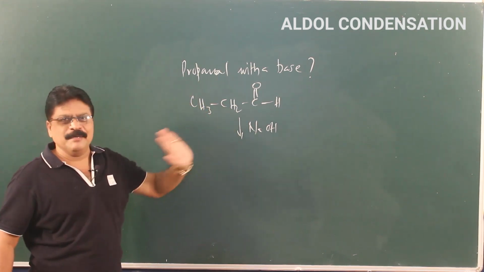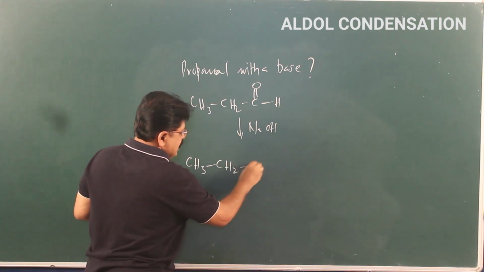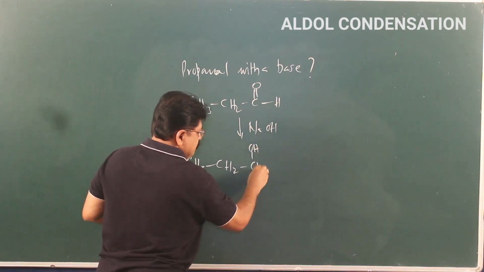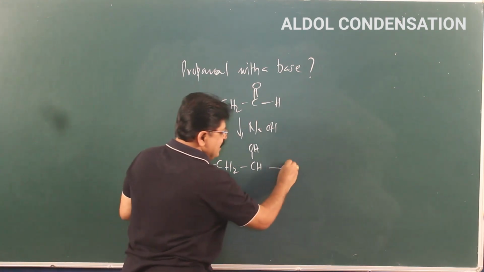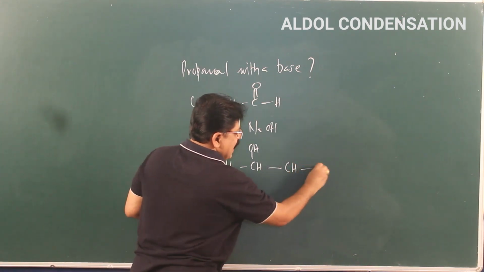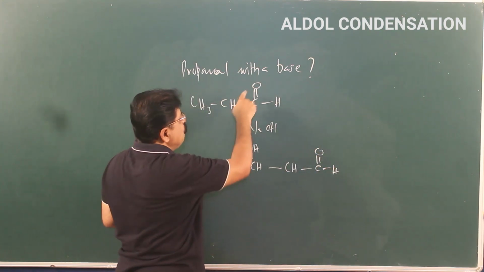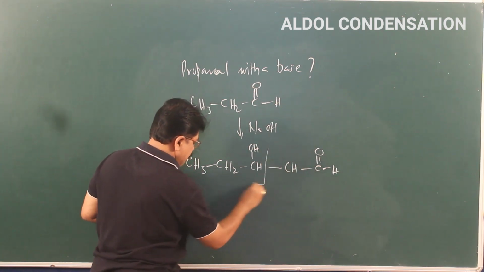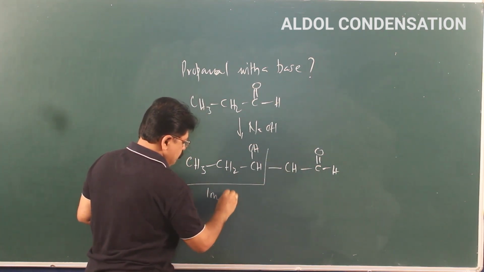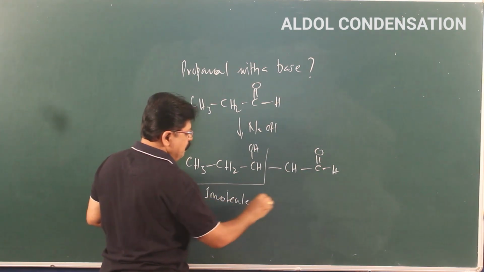So I am going to write the product. See, this is the way I am going to write. CH3, CH2, I am going to write OH. First part over. Second part, this is going to be the alpha carbon and this is the aldehyde. Okay. Now propanal it is, I have written only, so this is part one, one molecule.